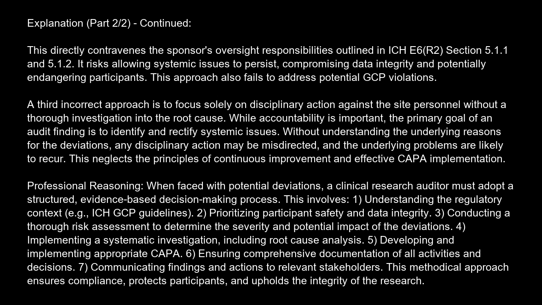Implementing a systematic investigation, including root cause analysis. 5. Developing and implementing appropriate CAPA. 6. Ensuring comprehensive documentation of all activities and decisions. 7. Communicating findings and actions to relevant stakeholders. This methodical approach ensures compliance, protects participants, and upholds the integrity of the research.